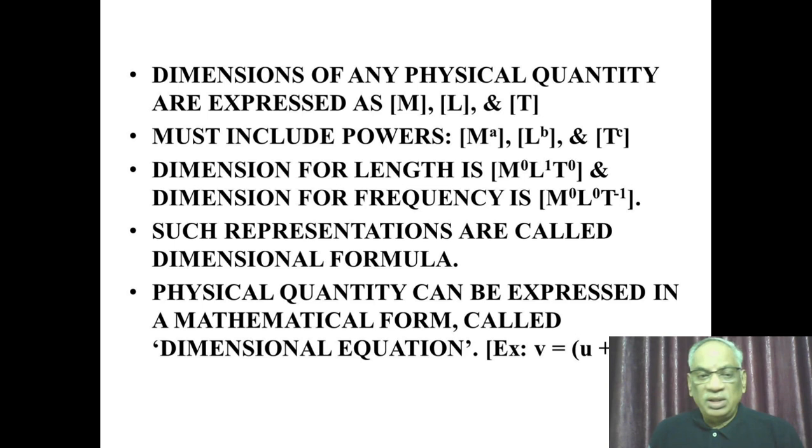Such representations we call a dimensional formula. Also, when a particular physical quantity is a combination of two or three other quantities, like velocity equals initial velocity plus the product of acceleration and time, that is v = u + at, the first equation of linear motion in mechanics, such equations are called dimensional equations.